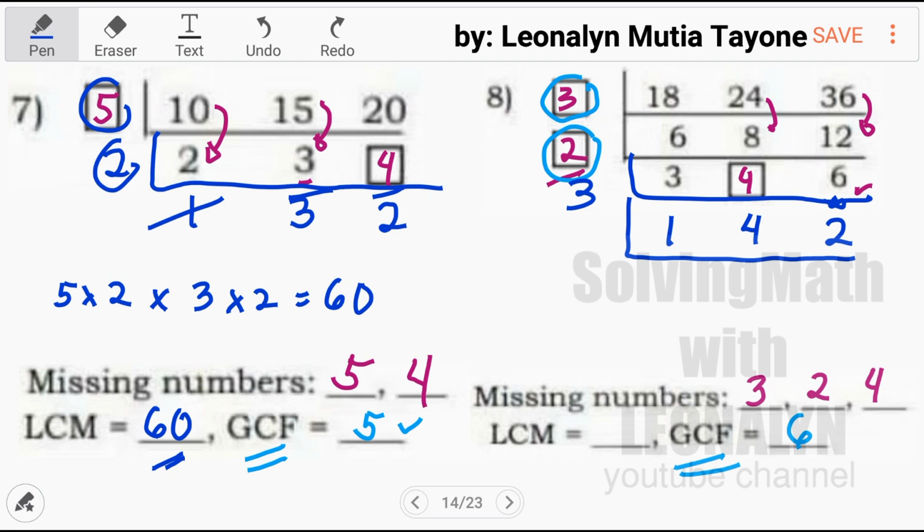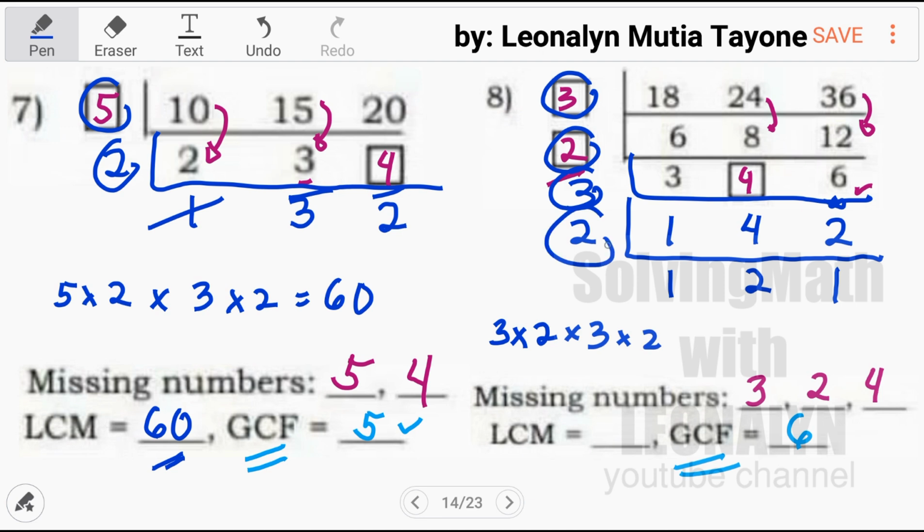Continue pa tayo at mayroon pa tayong dalawa na pwede nating i-list. Si 1, kopyahin lang. 4 divided by 2, and this is 2. 2 divided by 2, and that is 1. So ngayon, ito na yung i-multiply natin. 3 times 2, times 3, times 2.